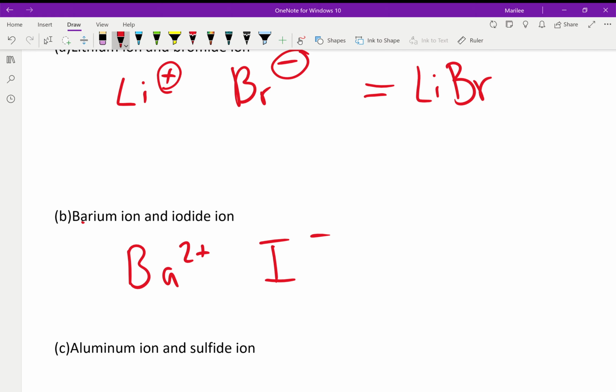They cannot cancel each other out. So we have to do the math in order for the 2+ and the 1- to cancel out. And how do we do that?